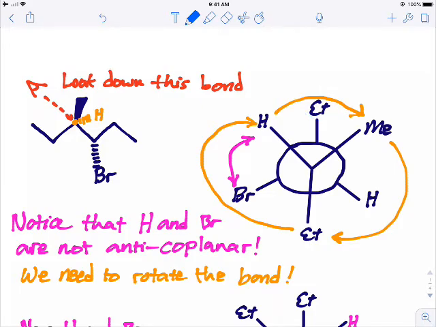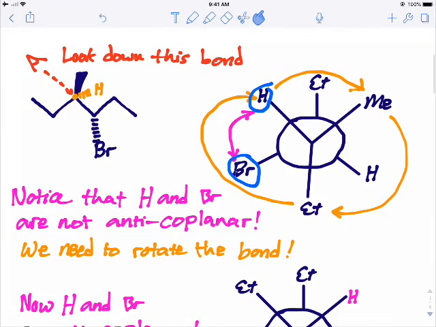So notice where our important atoms are relative to each other. The hydrogen on the front carbon is there, and the bromine on the back carbon is there. Notice that the H and the bromine are not anticoplanar, which means we need to rotate the bond in the direction of these orange arrows. I'm going to keep the back carbon the same, and I'm going to rotate the front carbon around.